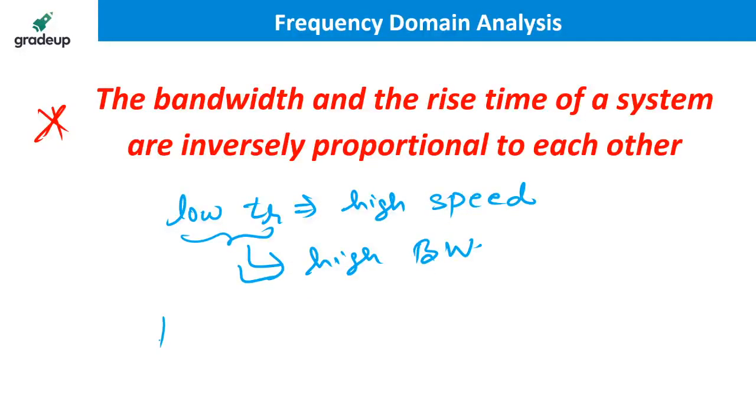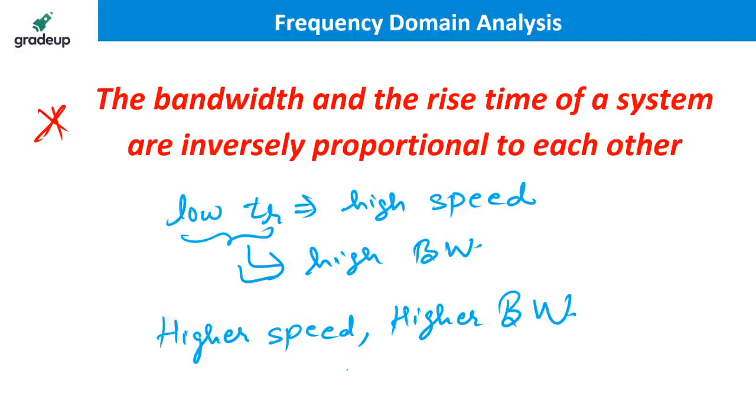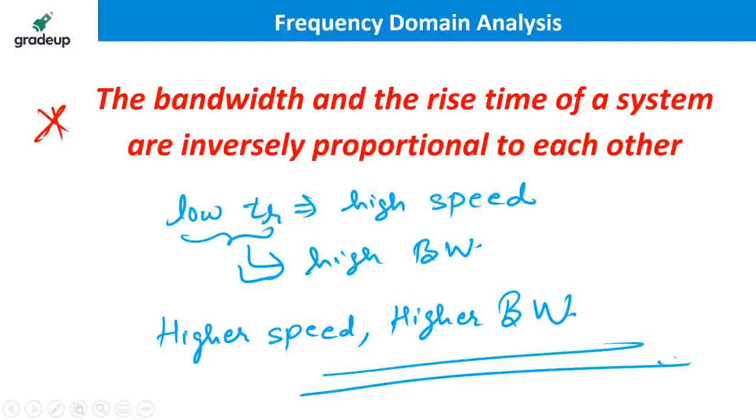So there is also this statement that you must remember: higher speed and higher bandwidth go together. Higher the speed, higher the bandwidth of the system.